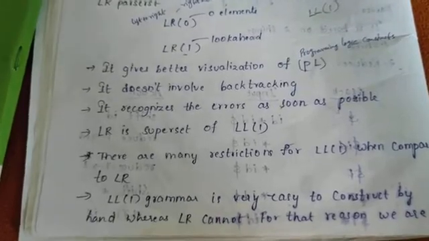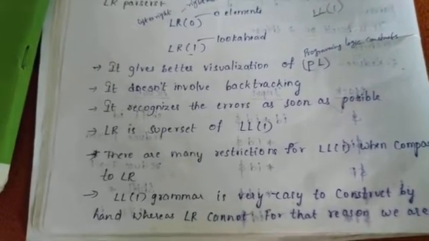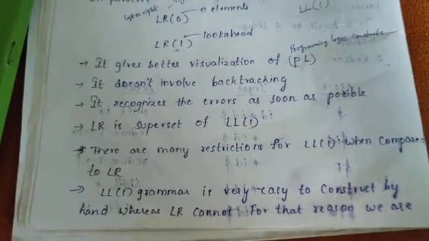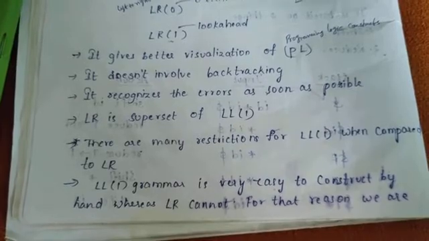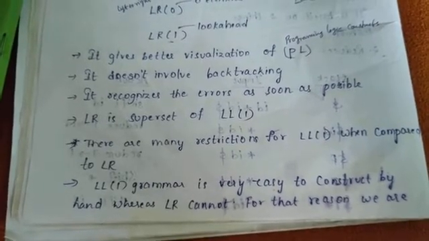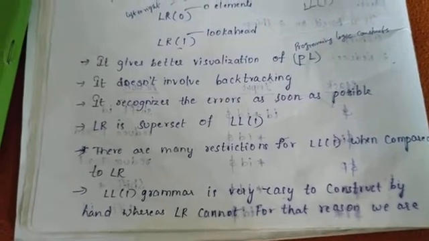But here, that many restrictions are not imposed in this grammar. That's why there are many restrictions for LL1 when compared to LR. In LR parsers there are only very small restrictions.